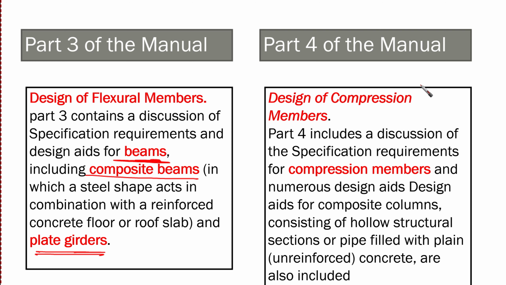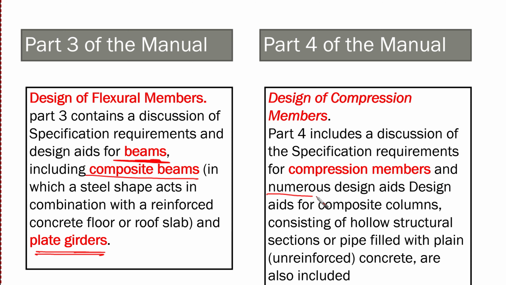And part 4 is going to deal with compression members in general. So remember this: part 3 is flexural members, like beams, and part 4 is design of compression members. Part 4 includes a discussion of the specification requirements for compression members and numerous design aids.